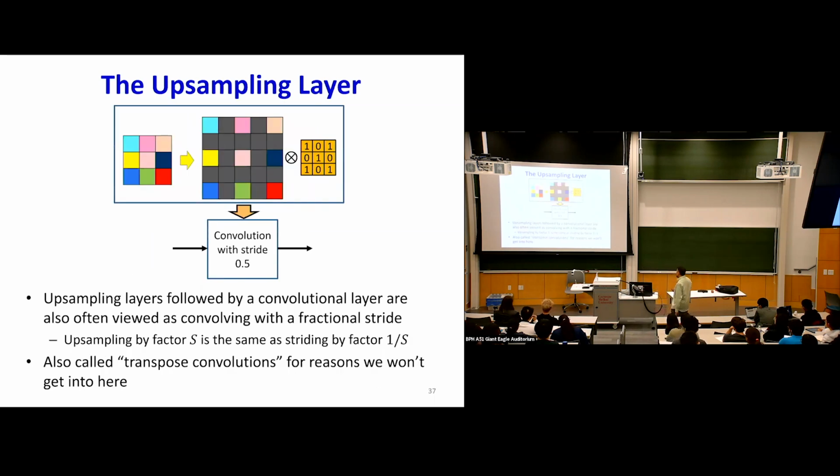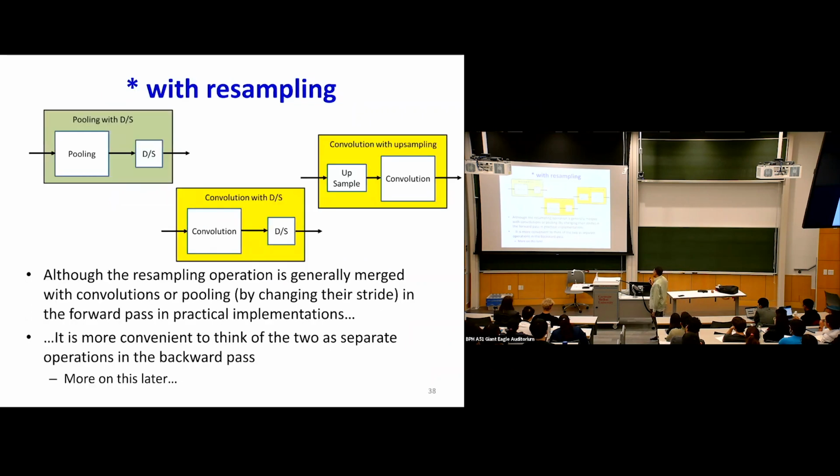This is also often called transpose convolutions, for reasons we won't get into here. It's just convenient to think of it as introducing a bunch of zeros and then performing convolutions. Just to summarize, when you're performing operations with resampling, the resampling is generally merged with either the preceding or the subsequent layer.